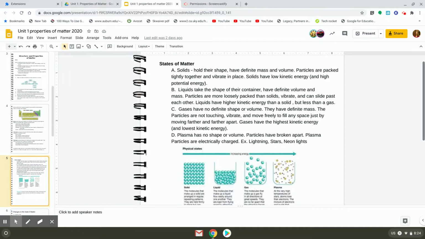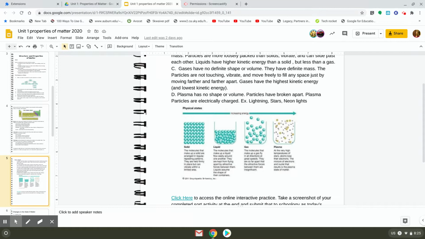For instance, solids are going to be packed tightly together. Liquids are going to have a little bit of space between them, and gas is going to have a ton of space between them. You know it's a plasma if it has positive and negative signs with it, because remember, in a plasma, things are moving so much that the electrons actually separate from the rest of the atom. So those pictures right there will be a great reference for you.